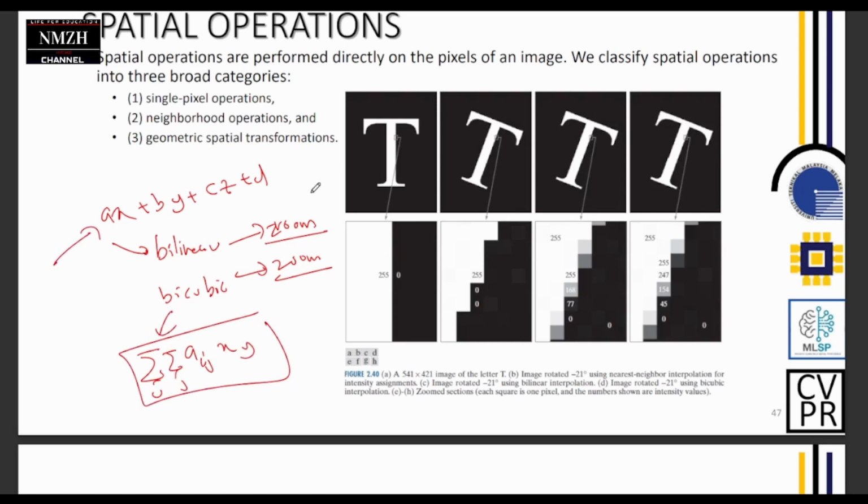So you just imagine that we have the clear picture of, how to say, okay, example C. So this one is bilinear and this one is bicubic. So bilinear, bicubic, and B is intensity assignment, nearest neighbor.